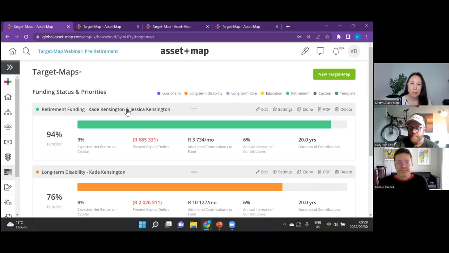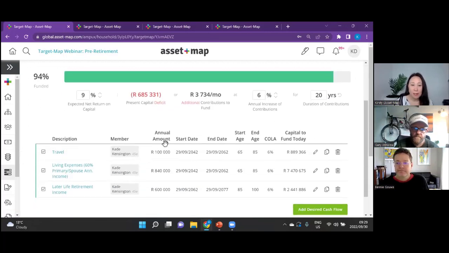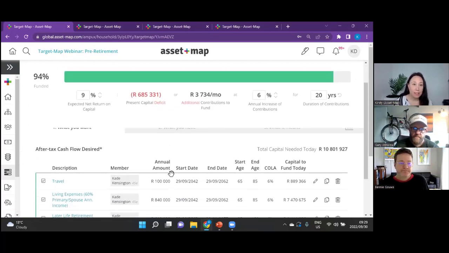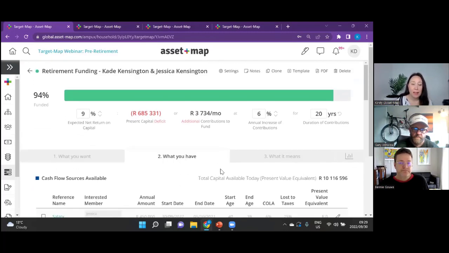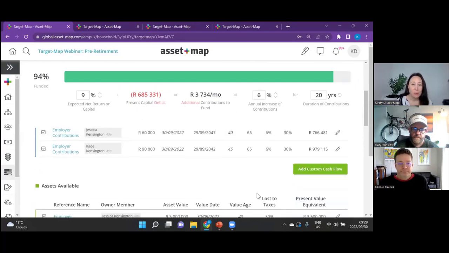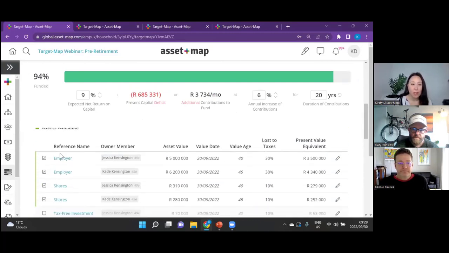I think the key thing with tax is that we're assuming that these are after-tax incomes. This is what the client would like in their pockets. And then under the what you have section, we're taking off this loss to taxes. And I know the question often comes in around retirement funds, because while we're in the retirement fund, it isn't being taxed, but yet we're applying 30%.